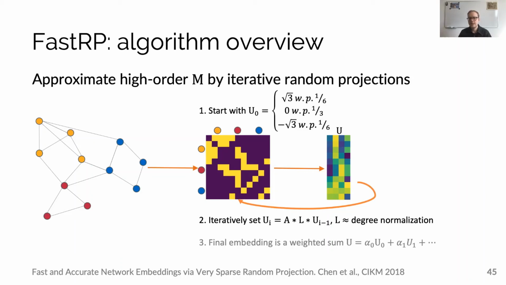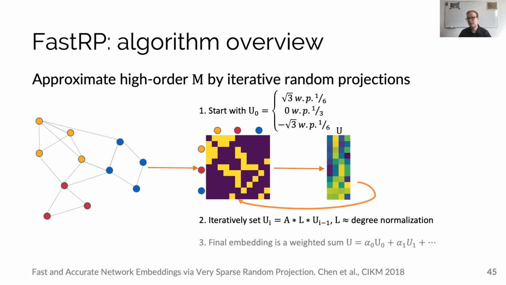The only difference to RandNE is that we iteratively set the next embedding by the values of the adjacency matrix times the previous one. But we also introduce some kind of degree normalization. And it turns out that this is what is needed to fix the problems of RandNE on real world data.